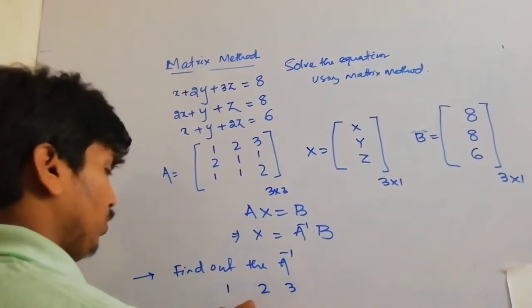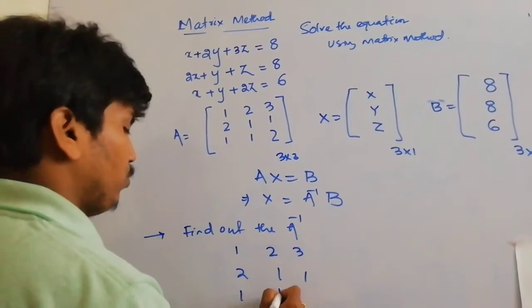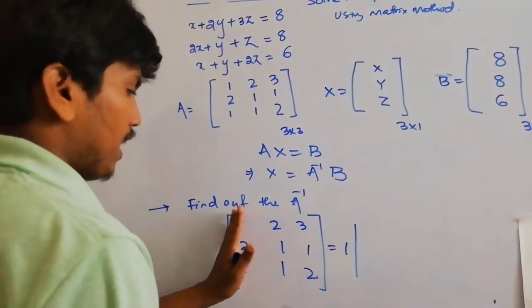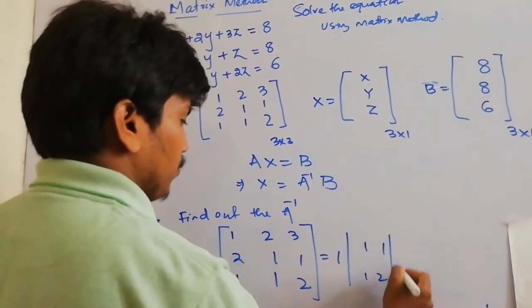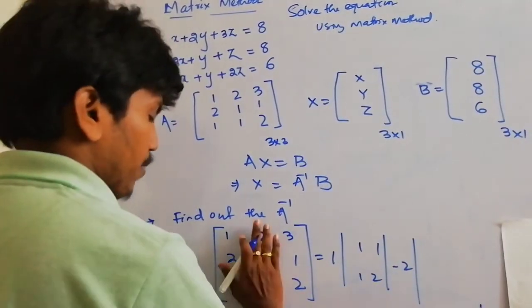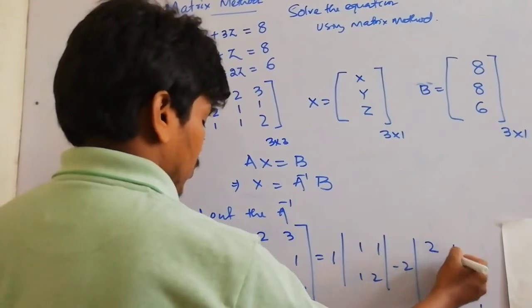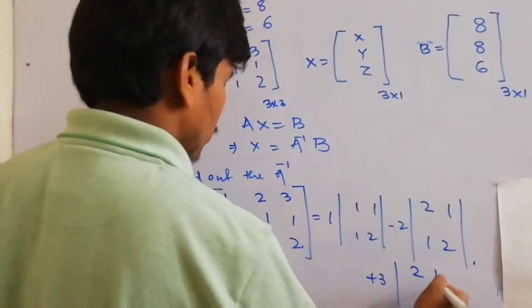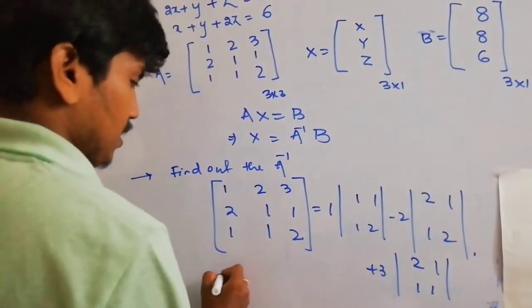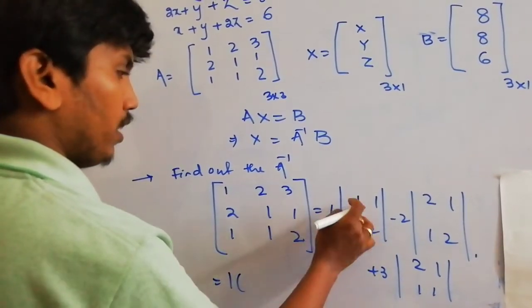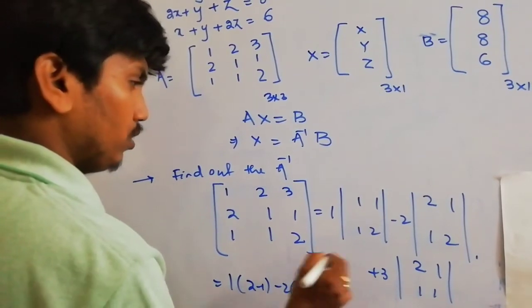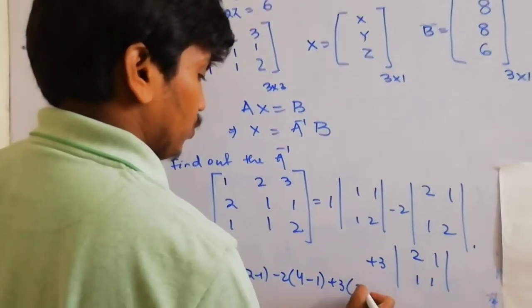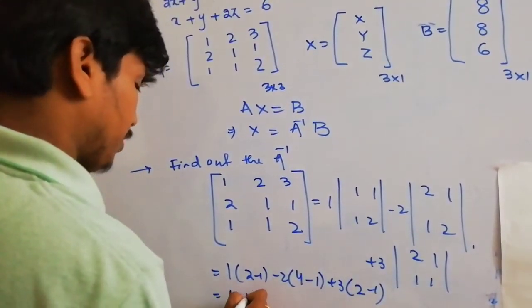The determinant is 1 into (1 into 1 minus 1 into 2), minus 2 into (2 into 1 minus 1 into 1), plus 3 into (2 into 2 minus 1 into 1).